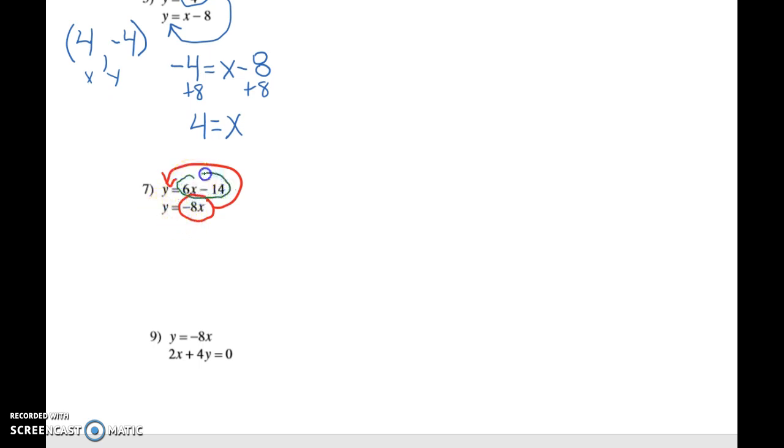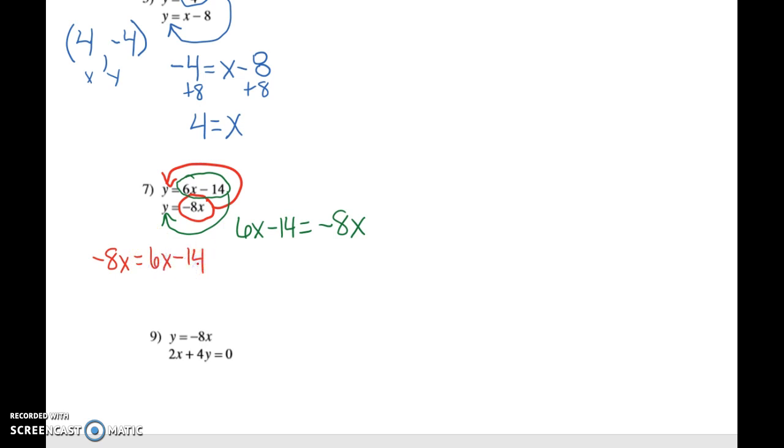This is going to start to look messy, and put it down here. Either way, if you then substitute this in, you are going to have 6x minus 14 equals -8x. Or you are going to have -8x equals 6x minus 14.